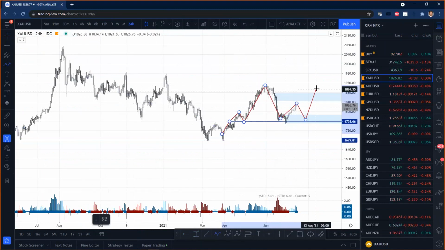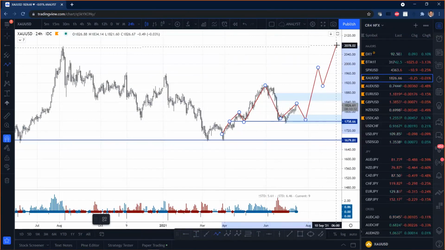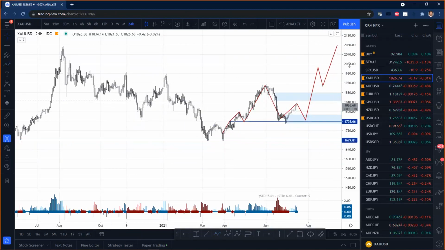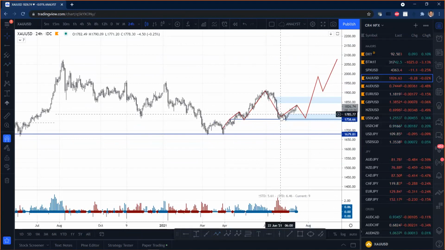But yeah, what's going to have to happen, right? If we're going to get a continued up move, then now you've got to clear 1920, right? If 1920 gets cleared, then you're back up to 2000.